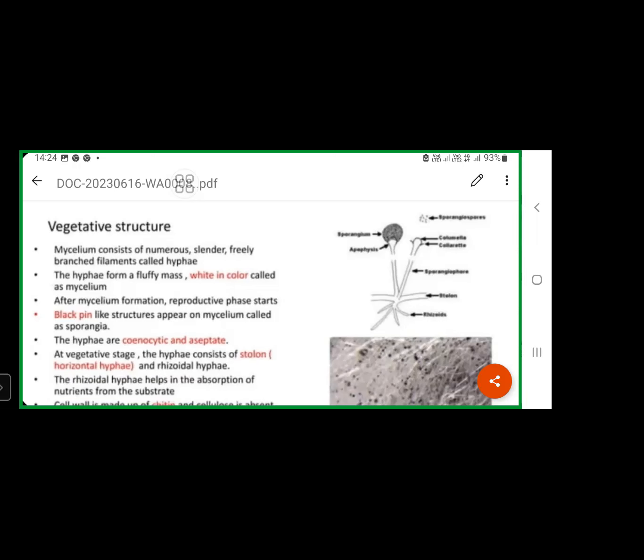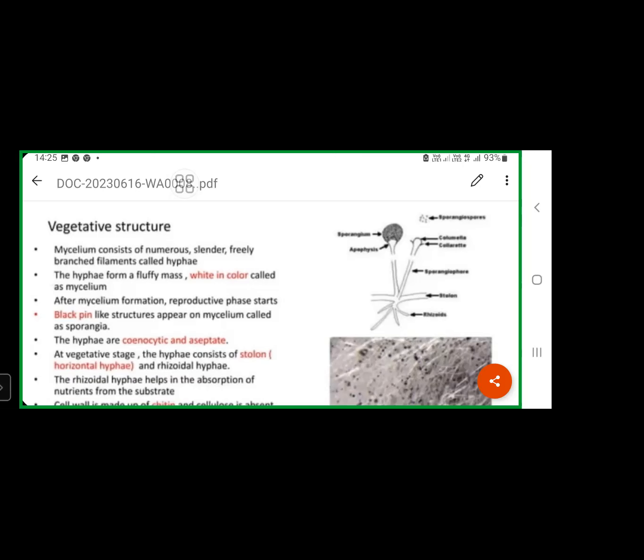Sometimes due to the formation of spores, this Mucor mycelium may appear grey, brown or black in color. Why are these colors formed? Due to the formation of spores, this Mucor fungus appears in different colors: white, black, brown or grey.